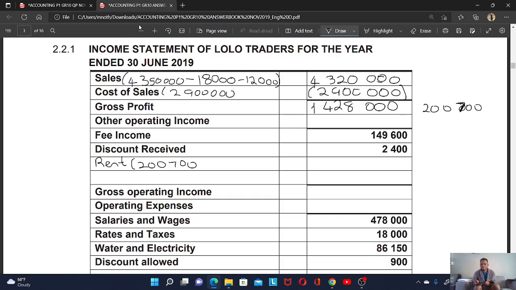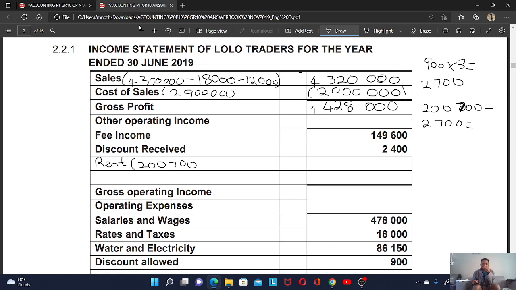900 times 3. So 900 times 3 is 2,700. So we're going to minus that 2,700 from 200,700 so that we know how much the rent income per month was before that 900 was added.